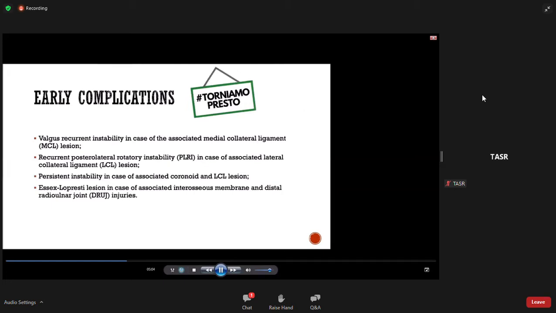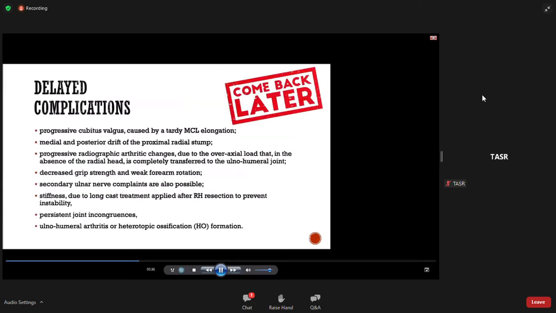Of course, there are complications you can have, such as valgus recurrence instability in case there is an association with the MCL. In case you have completely different patterns, you can have a PLRI because there is not a recognized LCL lesion, or you can have persistent instability in case of associated coronoid and LCL, or you can go to an extensor, that is a vertical instability of the whole forearm.